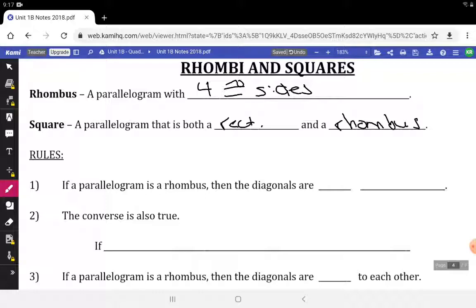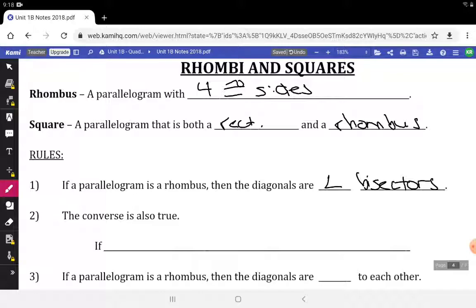So, if the parallelogram is a rhombus, then we know that the diagonals are angle bisectors. So they're bisecting the angles where their endpoints are.